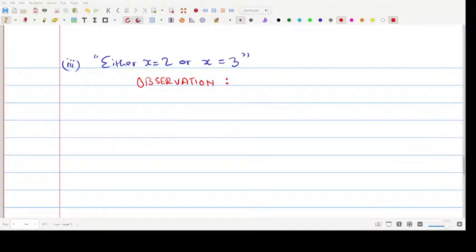Well, if there is a family which has, let's say, two boys, can that family have 3 boys at the same time? No, right? So the observation is as follows. I'll just write it down, so it will become more clear.